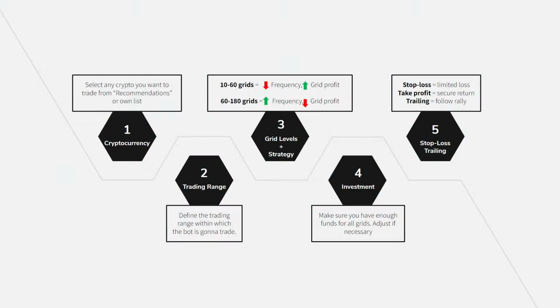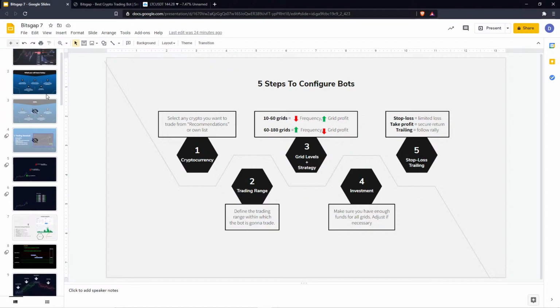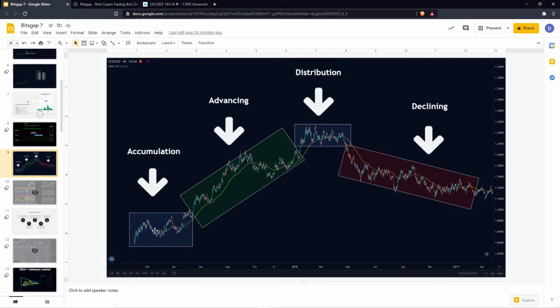For the sideways market, we mean the accumulation period and the distribution period. So these can be long periods. It can be weeks, it can be months. So that's why we are interested in these long-term phases, because you just launch the bot for several weeks or even a month, and it just does the job on your behalf. Okay.